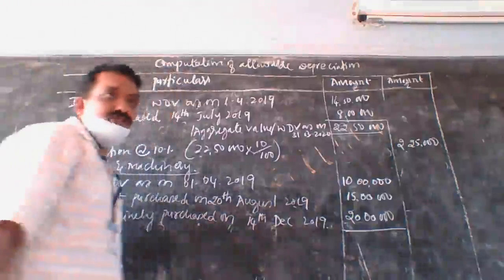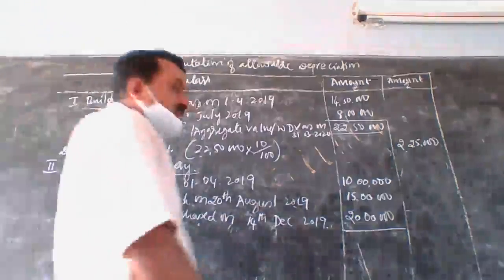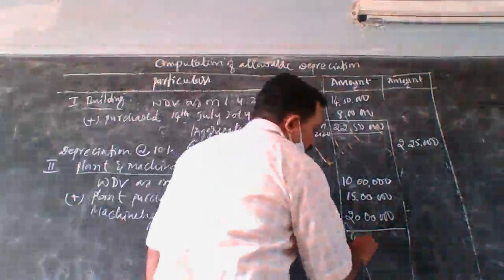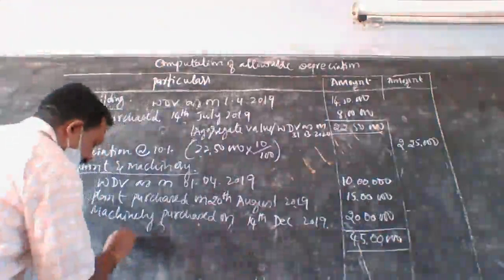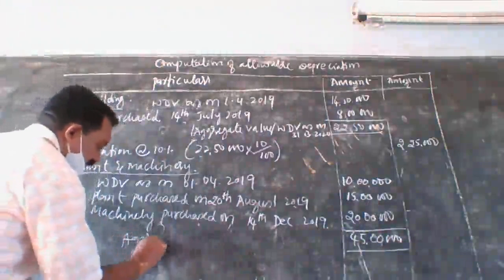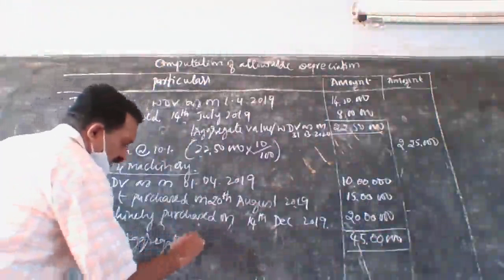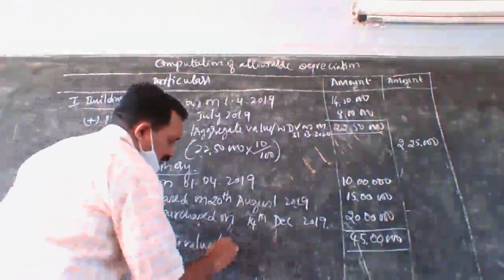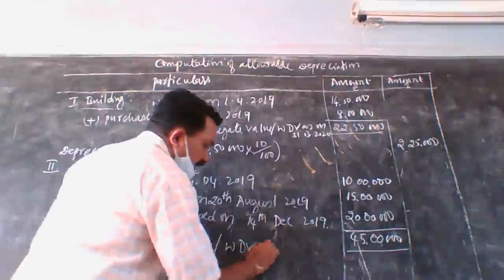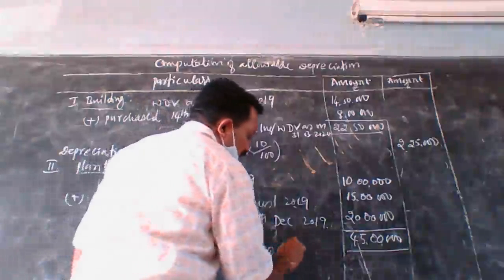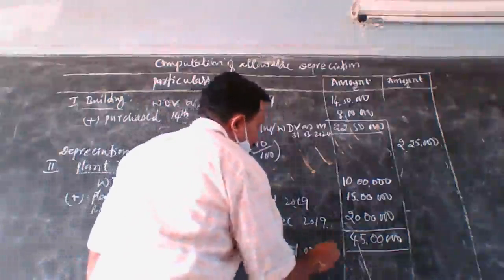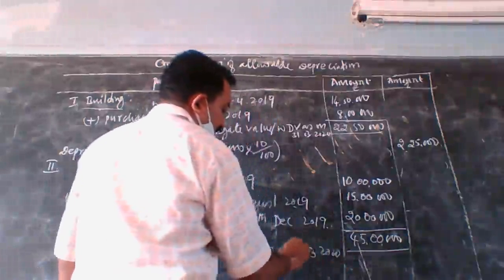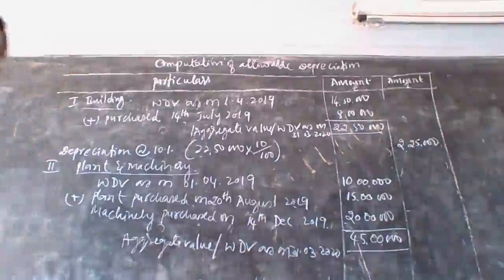There is no sale, isn't it? 45 lakh. This is the aggregate value, the WDV as on 31st March 2020.